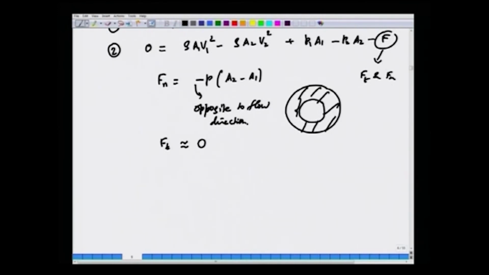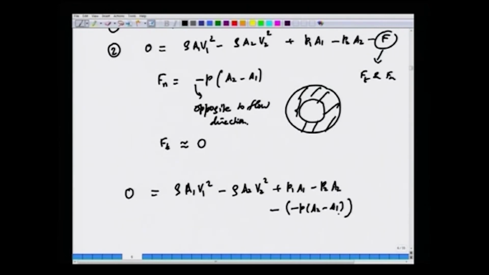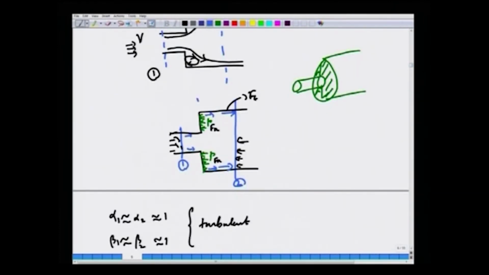So, the momentum balance becomes rho A1 V1 squared minus rho A2 V2 squared plus P1 A1 minus P2 A2 minus P times A2 minus A1. Now, this P is the pressure at the point where the sudden expansion occurs. Let us call that plane E, because that is where the pressure is being exerted.